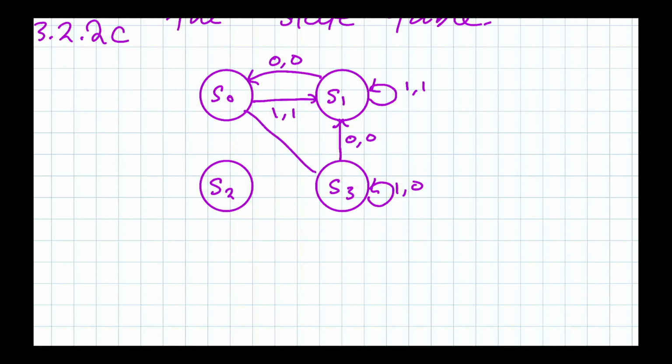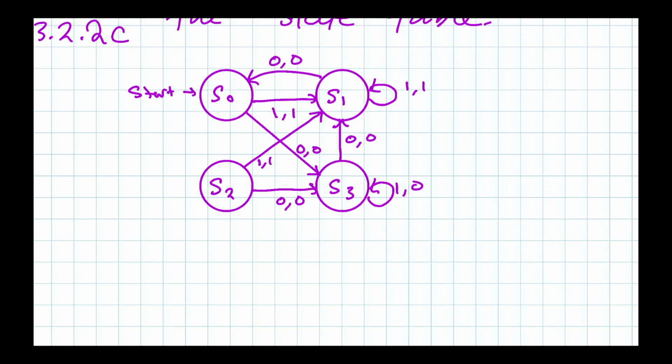They've got a diagonal arrow like this labeled 0, 0. They've got a diagonal like this labeled 1, 1. And they've got an arrow over here labeled 0, 0. And then also they write start like that.